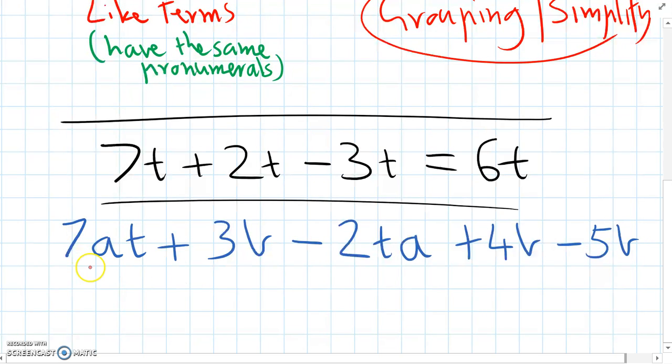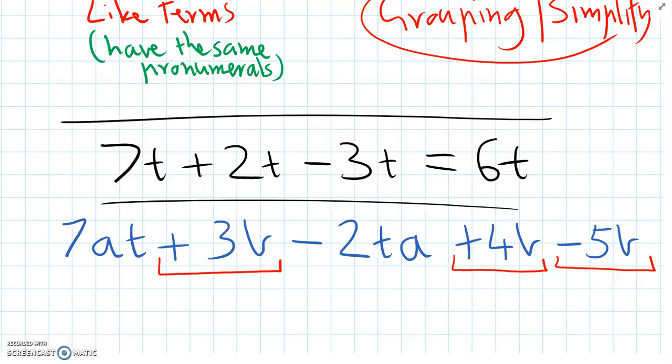So with a long expression like this, it's best to think, what are the like terms here? So we have a term here, positive 3b, and positive 4b, and take away 5b. These are all involved with just the pronumeral b. So these are all like terms.